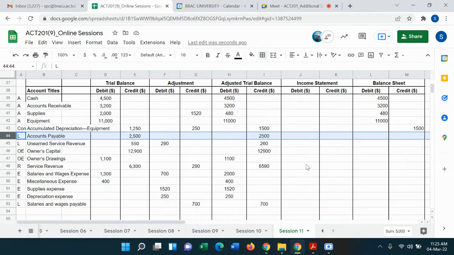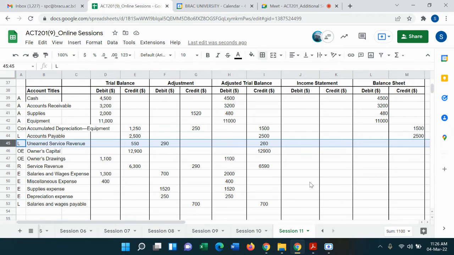Accounts payable, liability, into the balance sheet. Unearned service revenue, what type of account did you identify? Liability. That's why I categorized it first. If you categorize it first, it will be very easy.